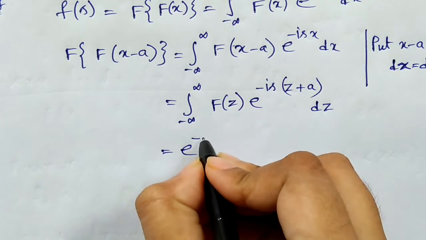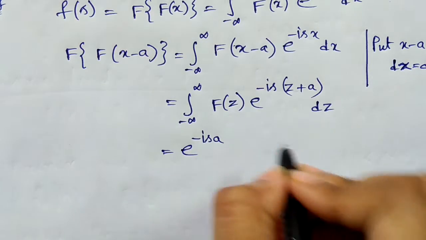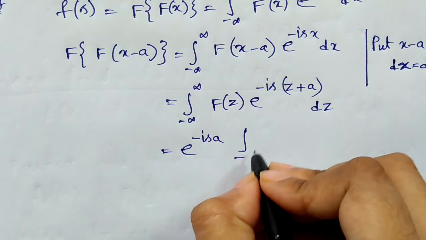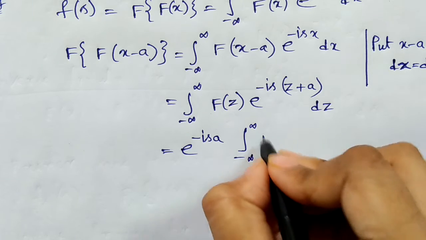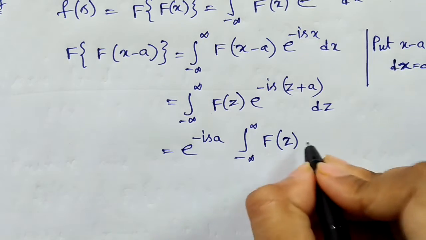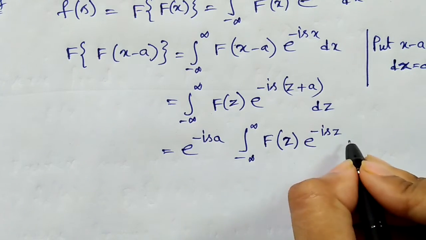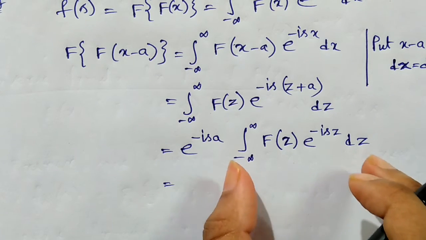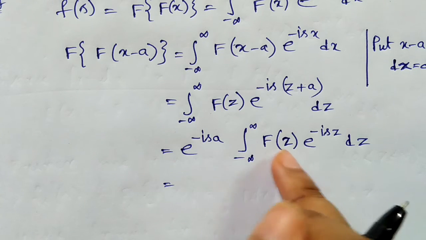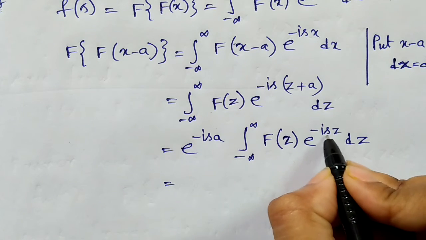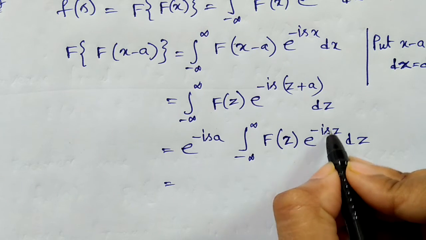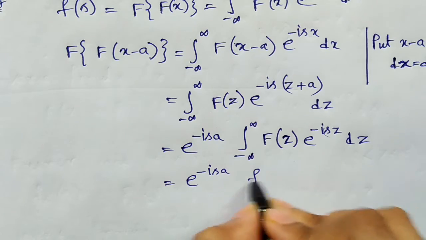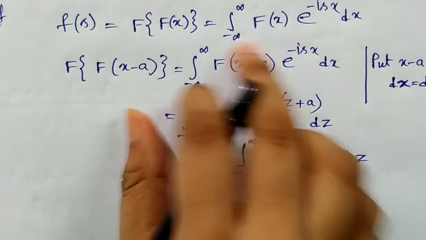So we write e to the power minus isa into e to the power minus isz, and I am writing inside the integration, that is, the integral of F(z) e to the power minus isz dz. See, again this formula is written using the variable z, and here it is s, e to the power minus isz. So we can write e to the power minus isa, and this is F(s).